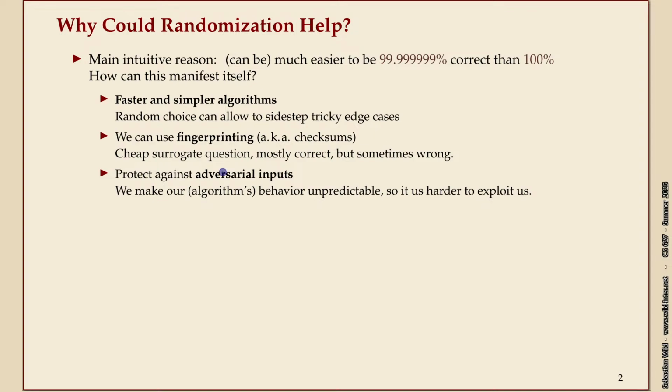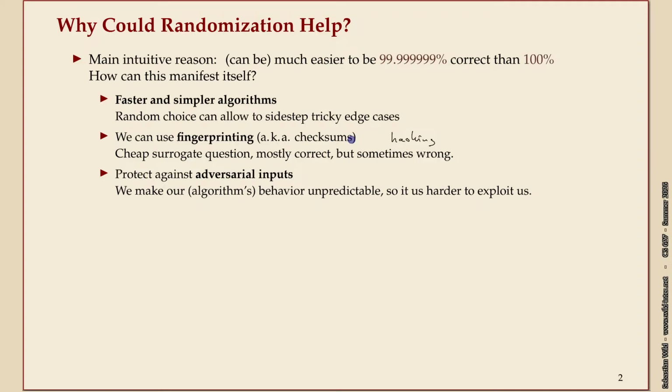So instead of answering the full question, you answer a cheap surrogate question, but sometimes you have false positives. I mean, the other thing, this is also called hashing. The implementation of fingerprinting usually is hashing. And that's what checksums also are in some form or another.